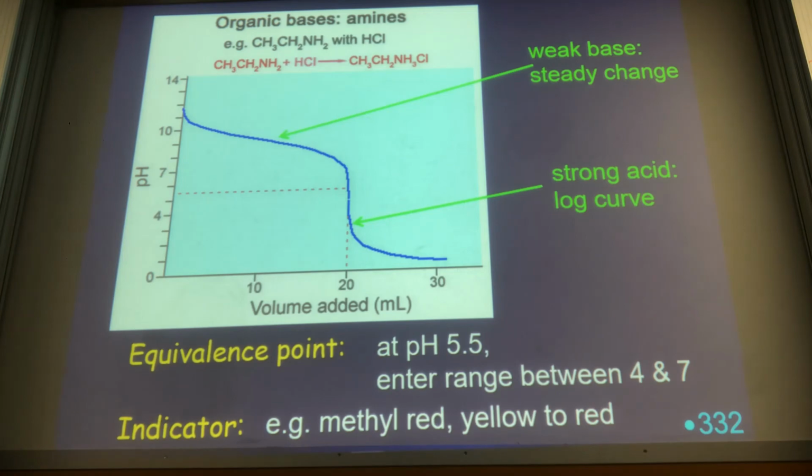So between pH 7 and pH 4 probably, yeah. And so that means in the middle of that range we've got methyl red, and we're going from the base colour, which is yellow, to the acid colour, which is red. And that is the indicator that's always used for this titration.